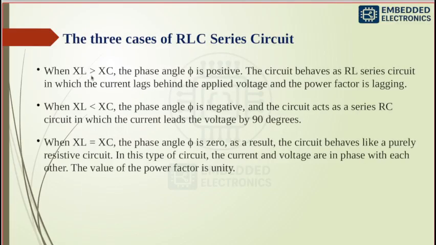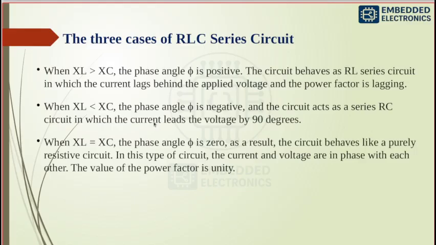So when XL is greater than XC, the phase angle phi is positive. Then it will behave as an RL series circuit, in which the current lags behind the applied voltage. Then the power factor is lagging. But when XL is less than XC, or XC is greater than XL, the phase angle phi is negative.